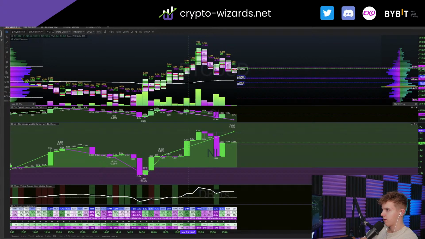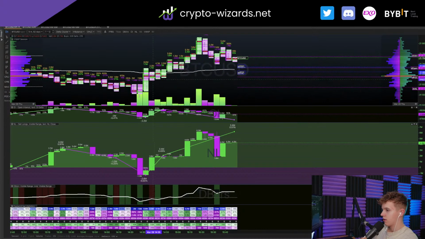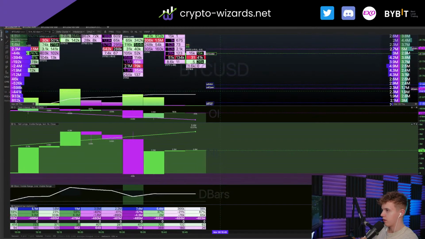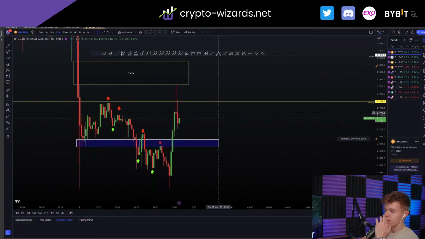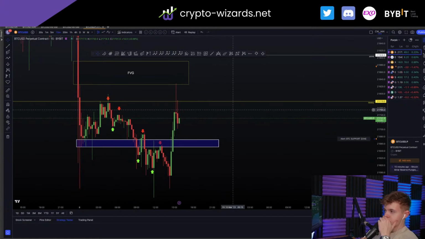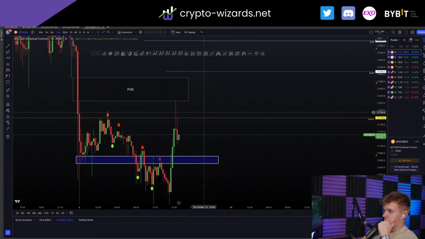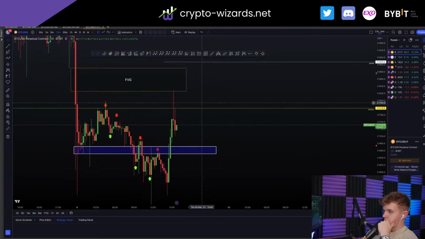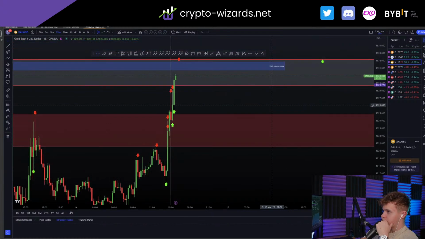Yeah, longs are out. So then we have to go back to a little bit below the VWAP, which is not really where I want to see it going, honestly. But yeah, the trade is clear kind of at the moment.